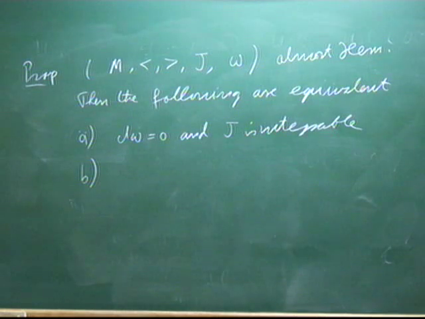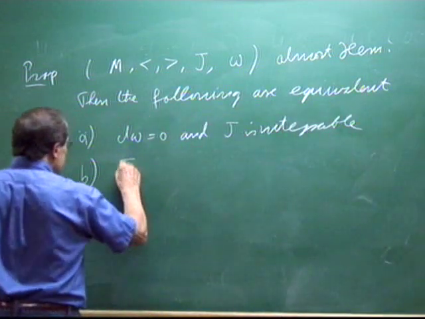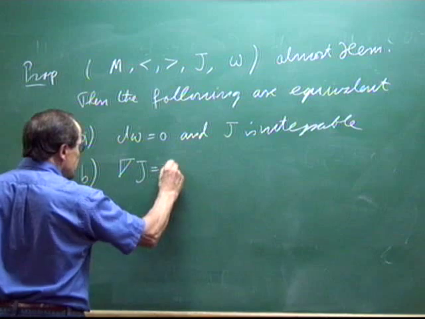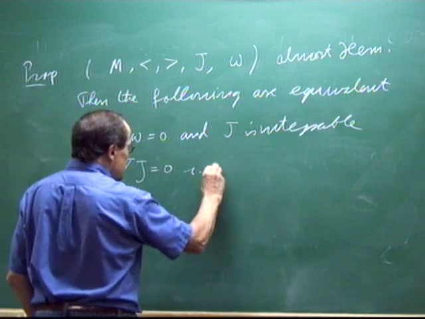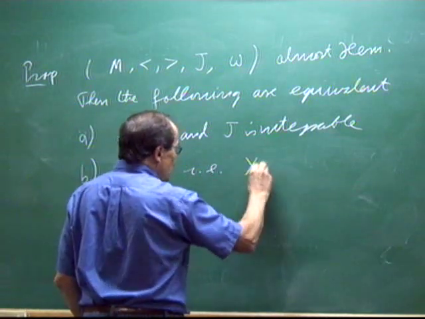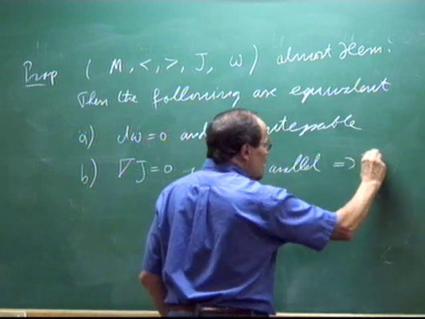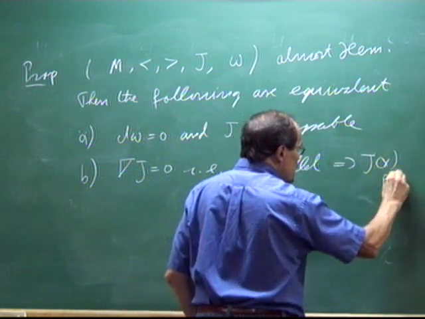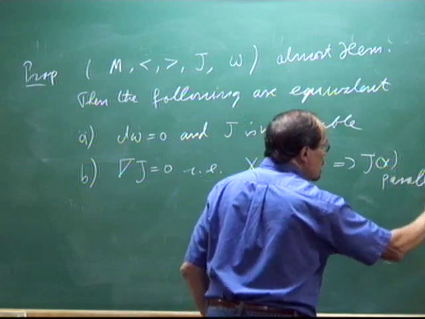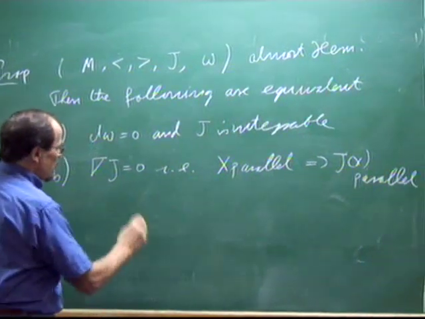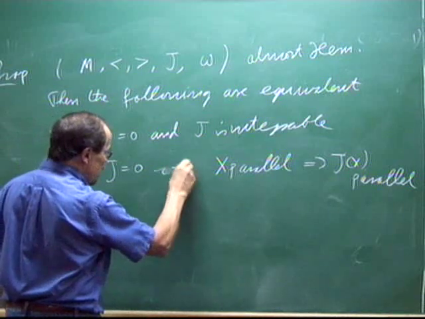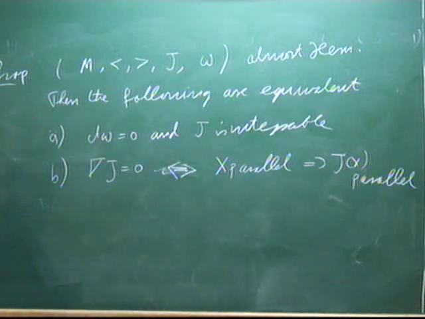The second one is that nabla J is 0. Another way to say it is that x parallel implies Jx parallel. Equivalently, the complex structure takes parallel vector fields to parallel vector fields.